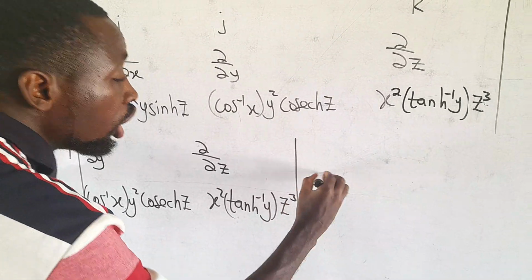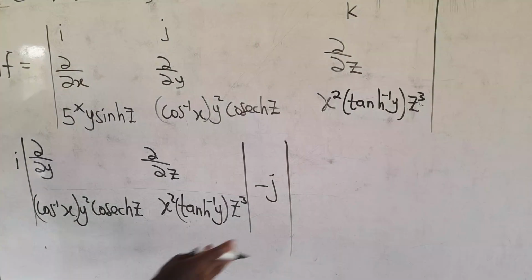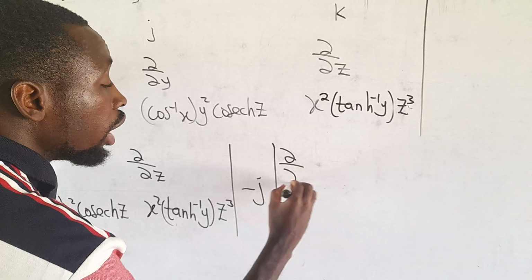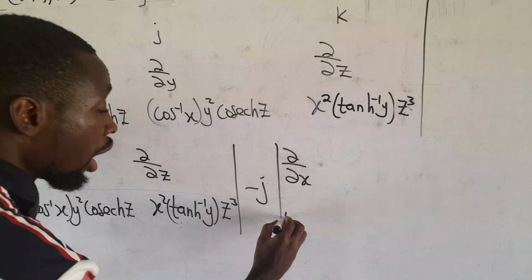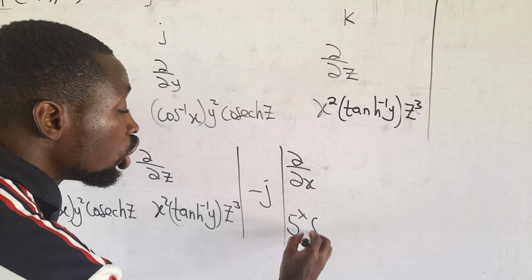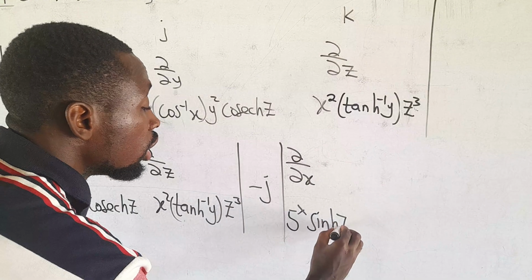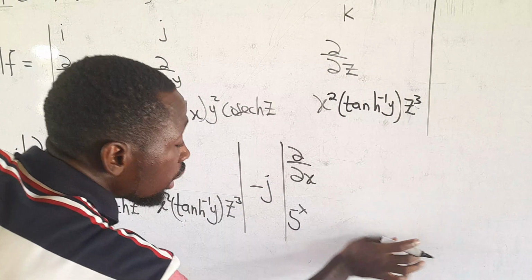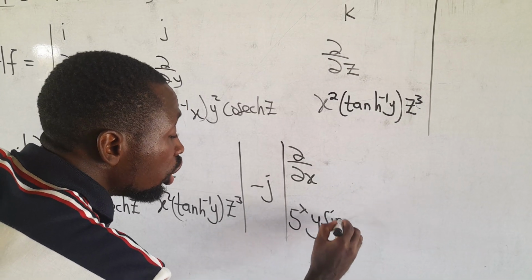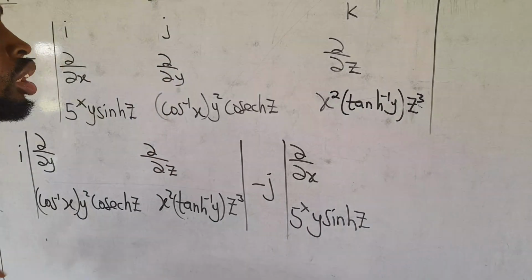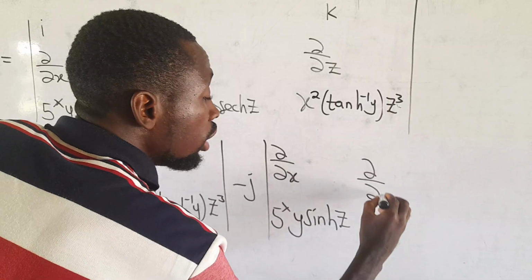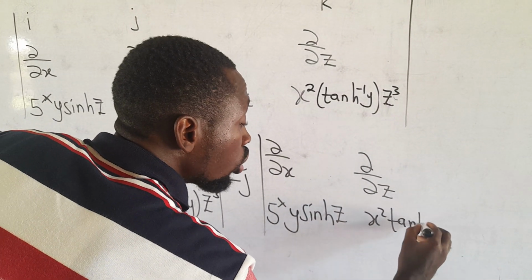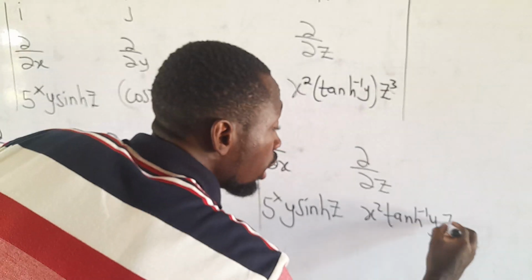Then minus j, the determinant of what is not under the j. And what is not under the j is del over del x, 5 exponent xy sinh z, then del over del z, x squared tan inverse of y z cubed.